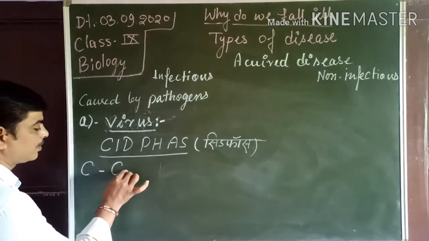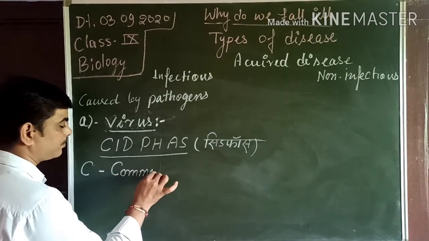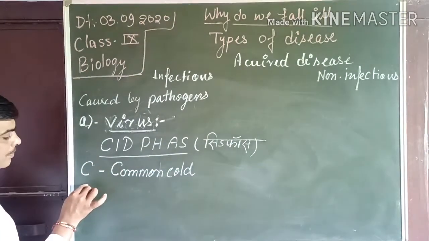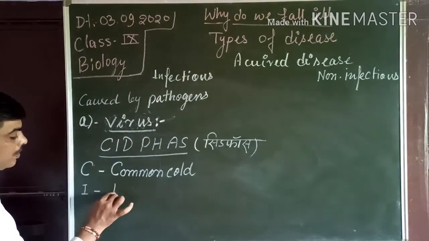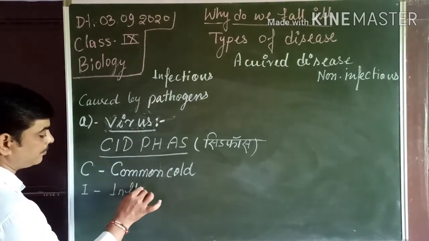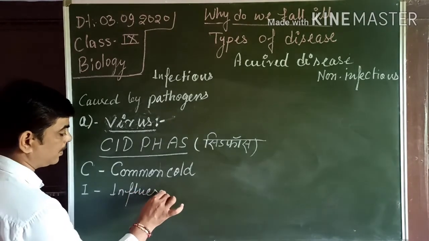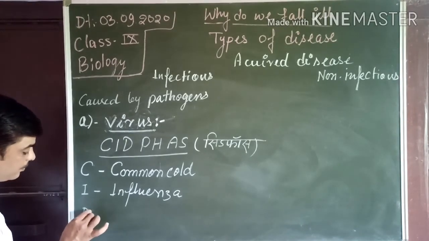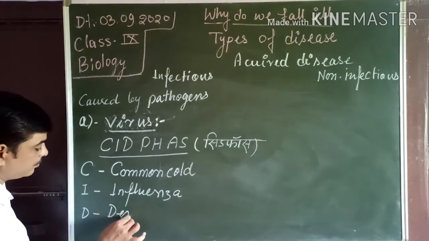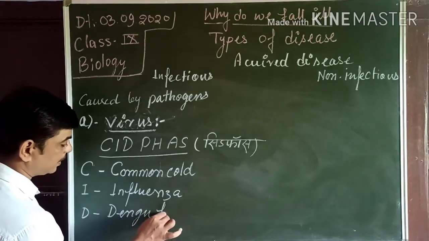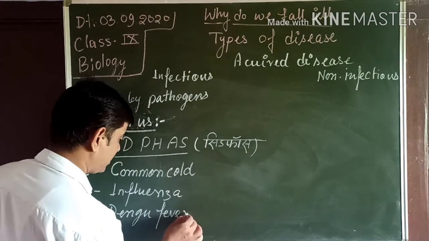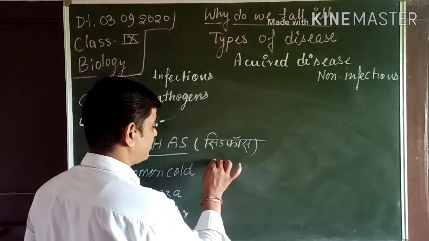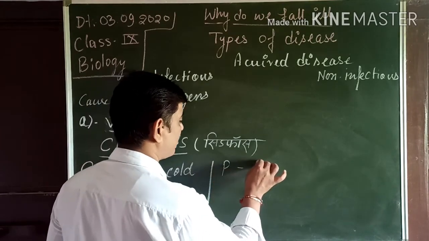How? See here. C, common cold. Then I, influenza. D, dengue, that is the fever. Similarly, E, polio.